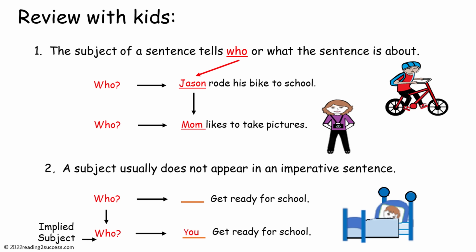However, as we learned, a subject usually does not appear in an imperative sentence, as in the sentence, get ready for school. It is implied that the subject is you, as in you get ready for school.